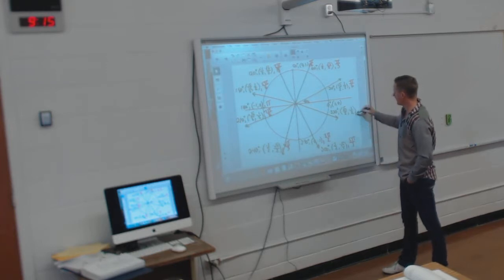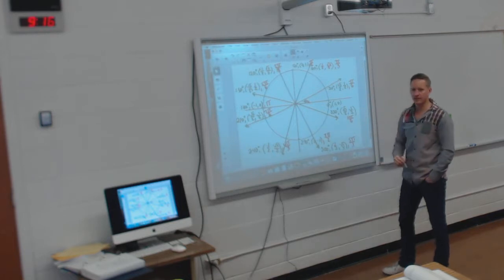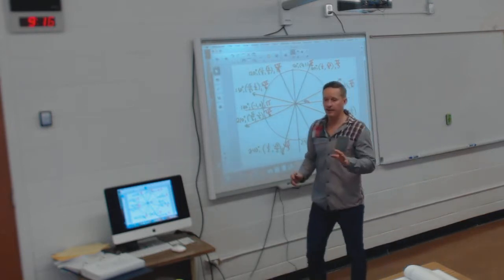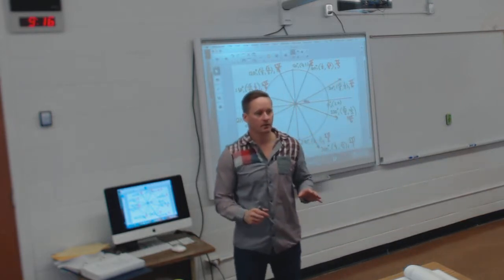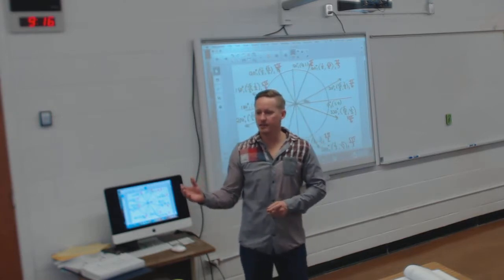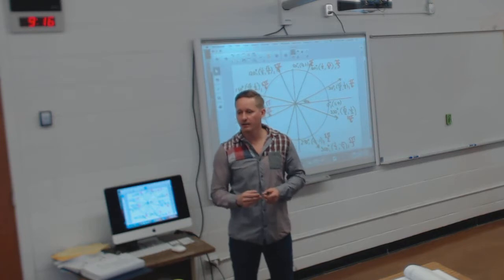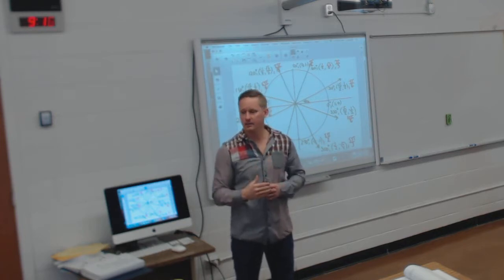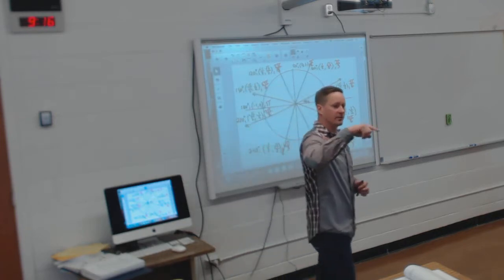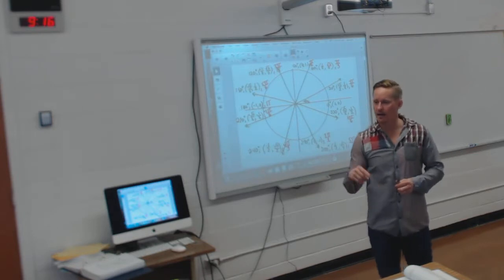Okay, and then finally, 1 pi over 6. So it's not that difficult, as long as you remember the 30 degrees. If you don't remember that, then times it by pi over 180 and understand that it's pi over 6. So then we go all the way around the circle and count them.